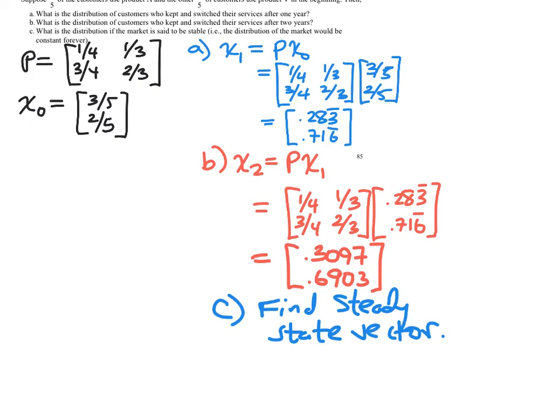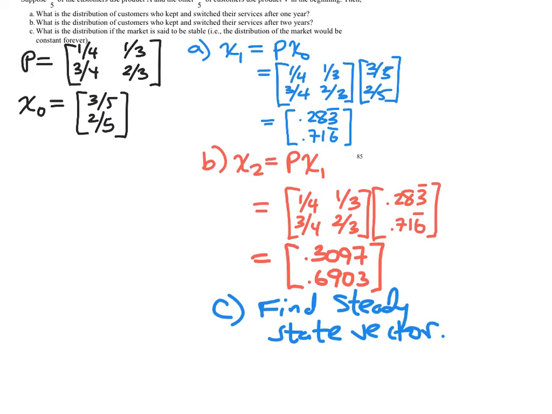So this is my steady state vector. This is what we could expect our long-term vector to be. Oh, it's such a pretty fraction. I should have investigated that. Let me do that now.